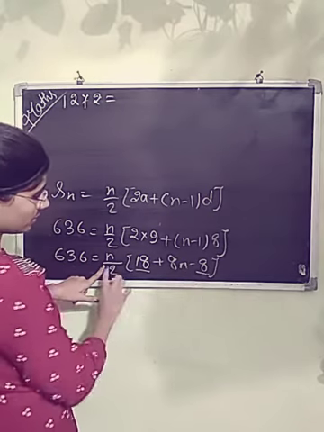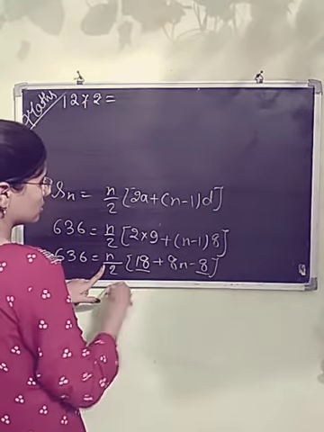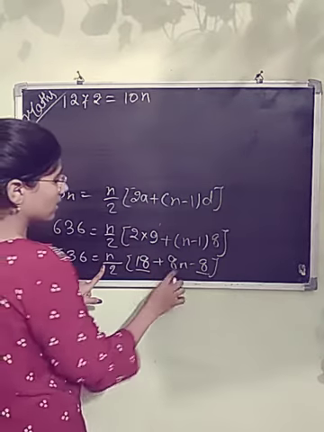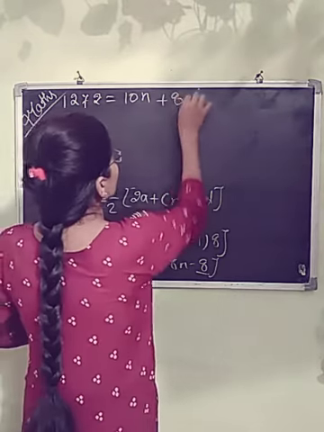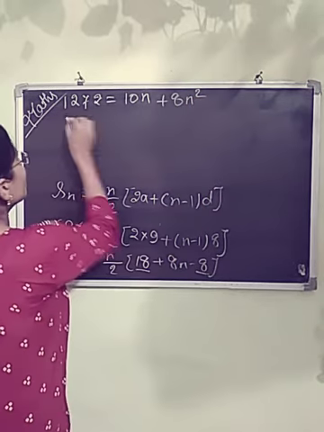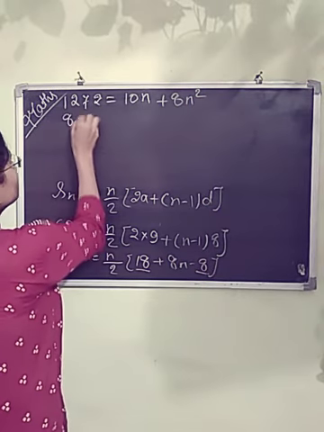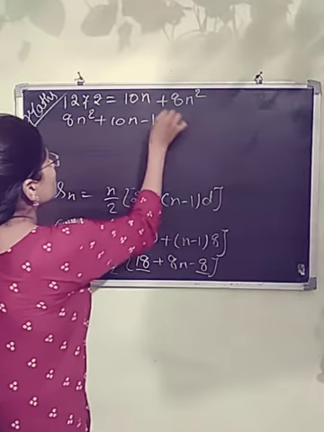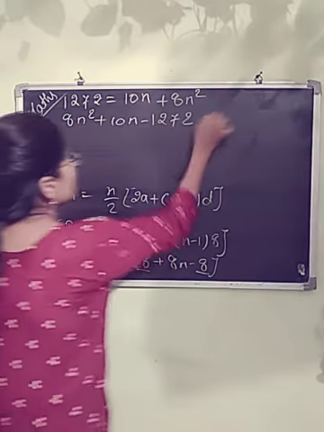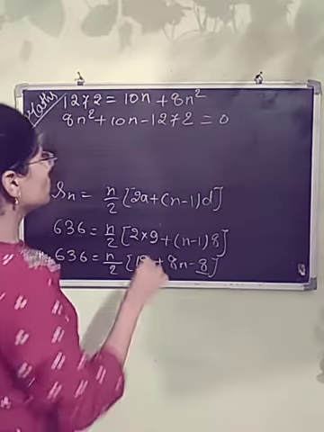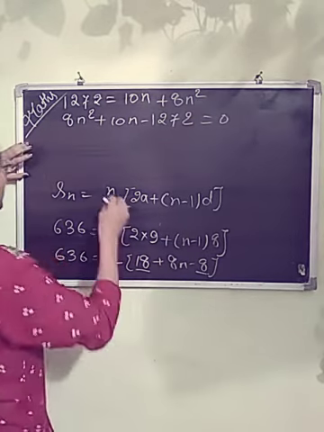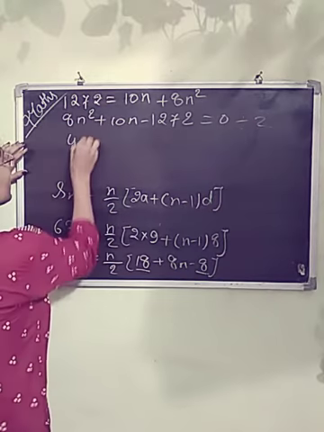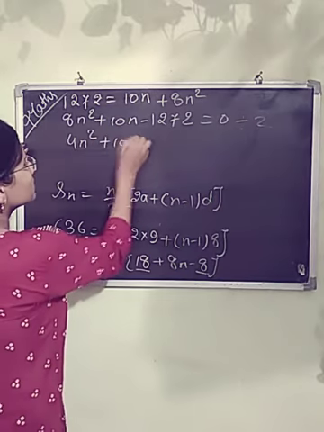I'm just multiplying this in one go, so 10n, and here it will be 8n square. So our equation becomes this, equals to 0. Now as you can see, this can be further divided, so divide the equation by 2. The new equation that we will have is this.